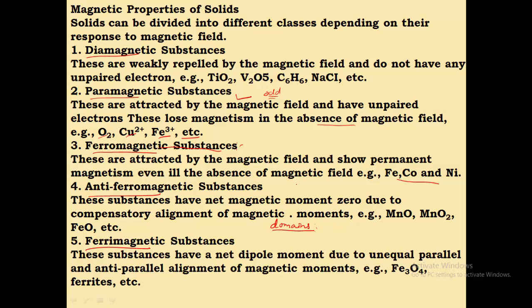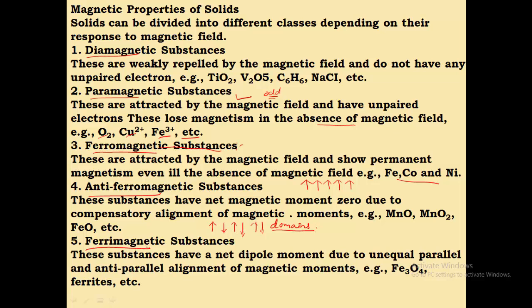If they are arranged spontaneously along the direction of the magnetic field, then they are said to be ferromagnetic substances. The arrangement of those domains can be represented like this. In antiferromagnetic substances, the net magnetic moment is 0. That means the alignment of those domains is in a compensatory way, such that the net magnetic moment becomes 0.